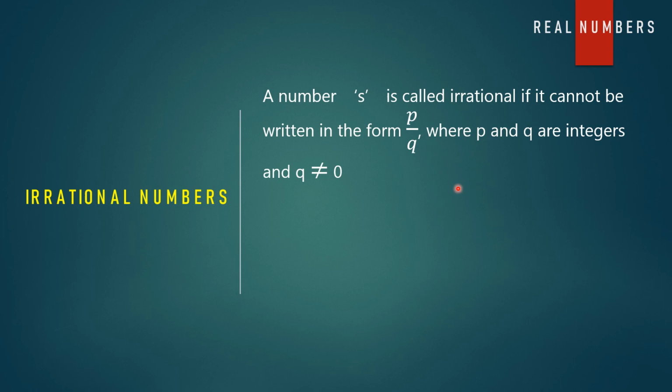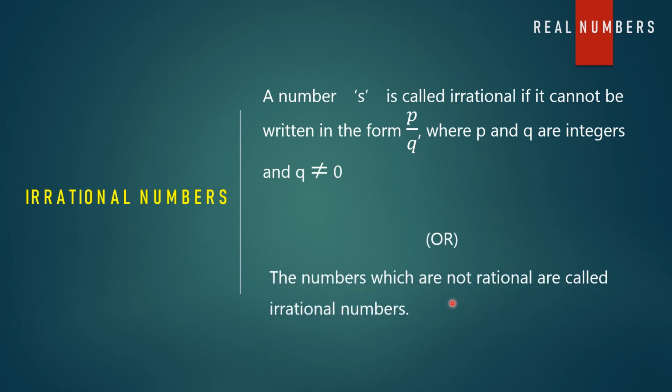Any number which cannot be written in p by q form is called irrational. From this we can conclude the numbers which are not rational are called irrational numbers. Therefore, any number is either rational or irrational.